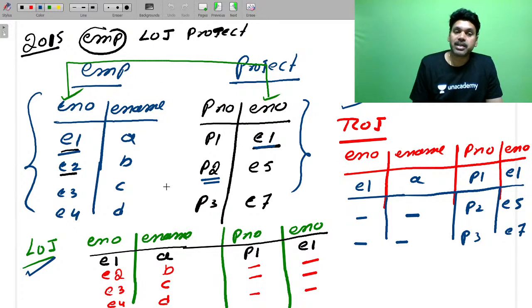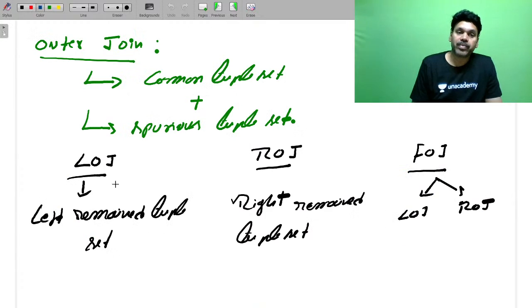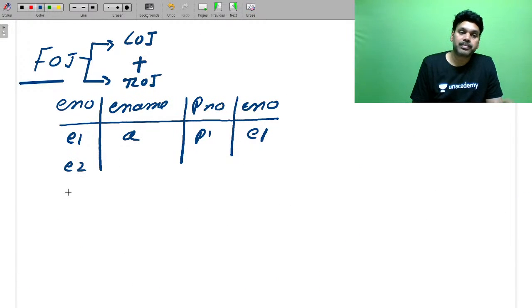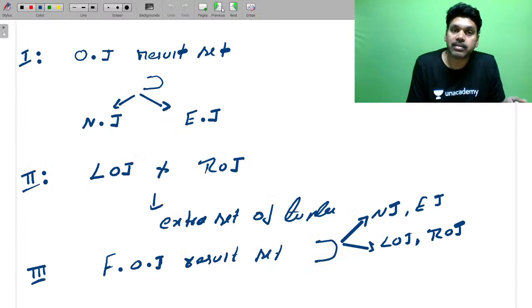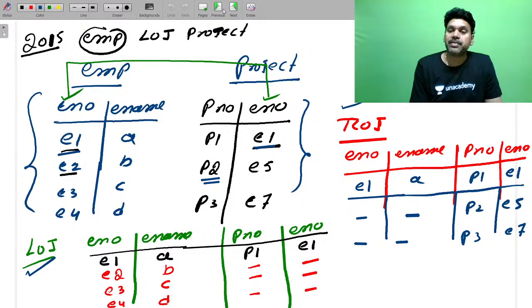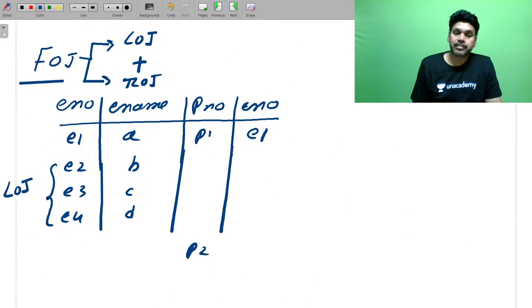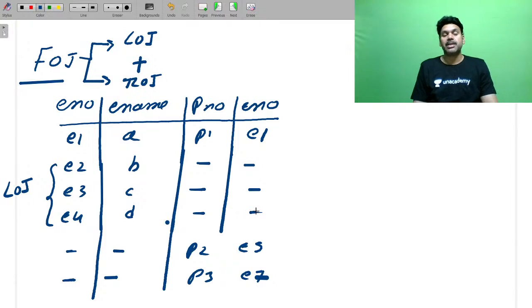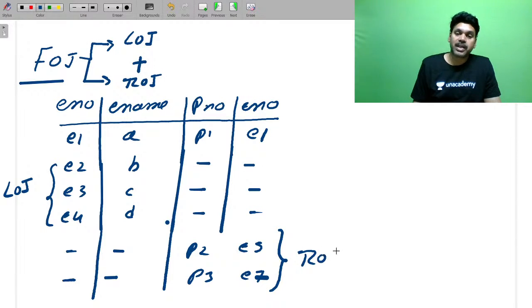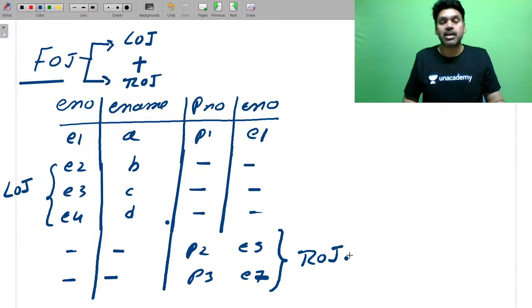So what is your LOJ set? E2, E3, E4 with B, C and D. Next, ROJ is there. What is your ROJ? P2, E5, P3, E7. They do not have mappings. That's why the full outer join result set is always much greater than your LOJ as well as ROJ. It is a superset. So this is how outer join works.